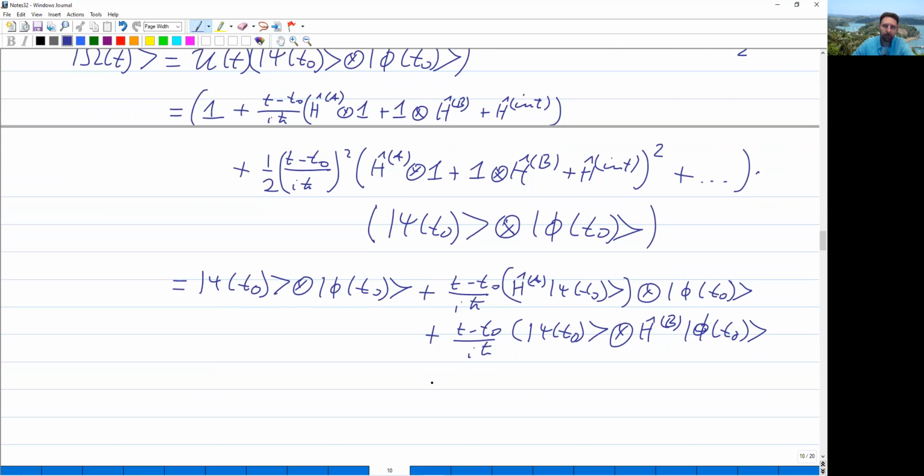plus, and then you have, let's say this thing could be, for example, A hat tensor B hat, just to make it explicit so that we can spell this out now, plus t minus t naught over i h bar. And then you would have A hat acting on psi of t naught tensor B hat acting on phi of t naught.